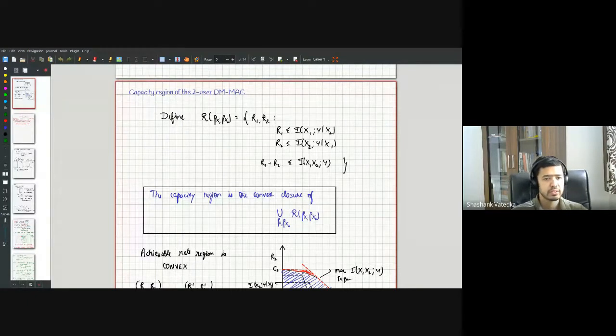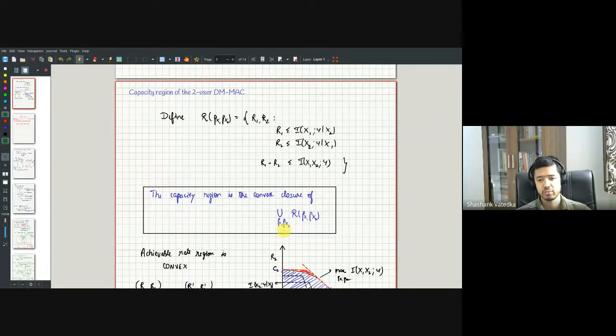In the previous class, we were discussing how to derive the capacity region of the two-user discrete memoryless multiple access channel. And in the last class, we saw an achievability proof. In particular, we saw that the following rate region is achievable. So the rate region is given by the convex closure of all of these pentagons.